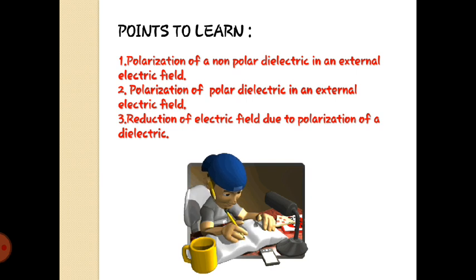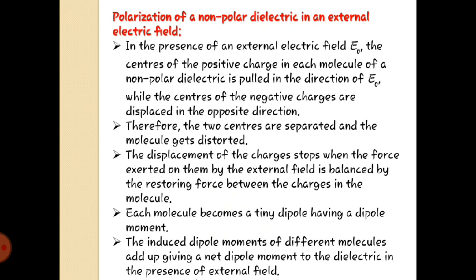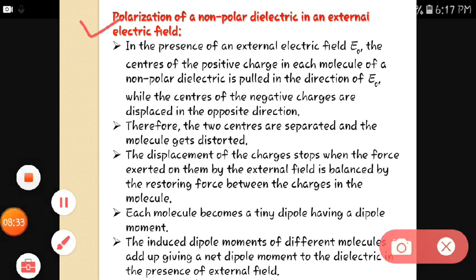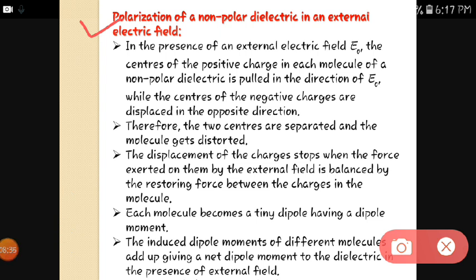The answer is there is reduction of electric field due to polarization. But how? That we are going to see. Okay, so let's move towards the first point. One by one we are going to deal with all the points. So here is the first point, in which we are going to see polarization of non-polar dielectric in an external electric field.